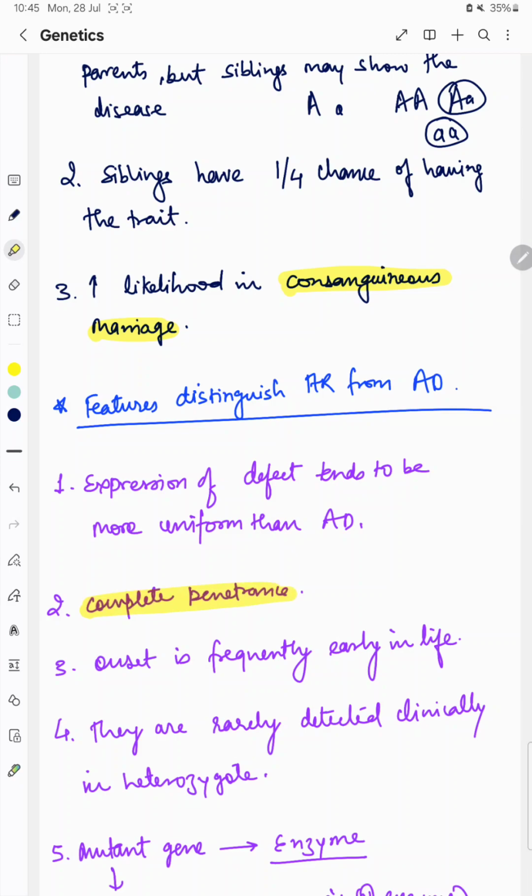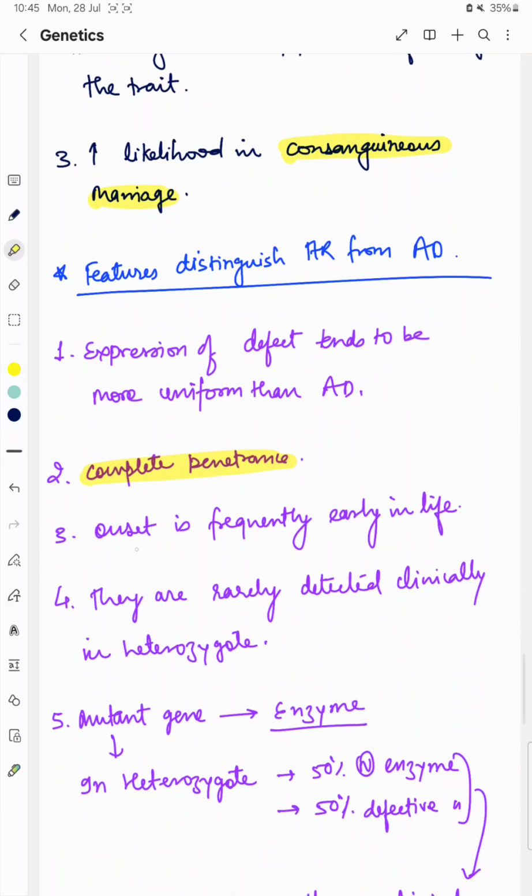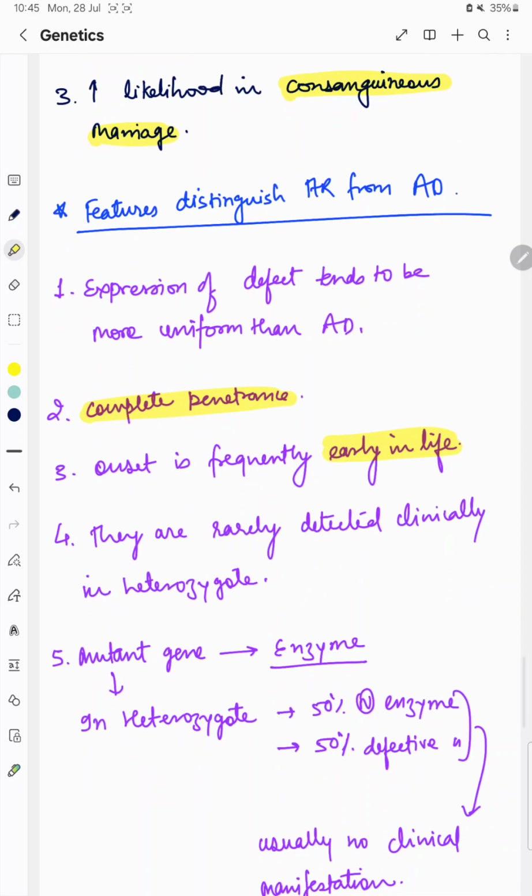Autosomal recessive disorders follow complete penetrance, unlike autosomal dominant disorders where incomplete penetrance is seen. Onset is frequently early in life. They are rarely detected clinically in the heterozygote condition.